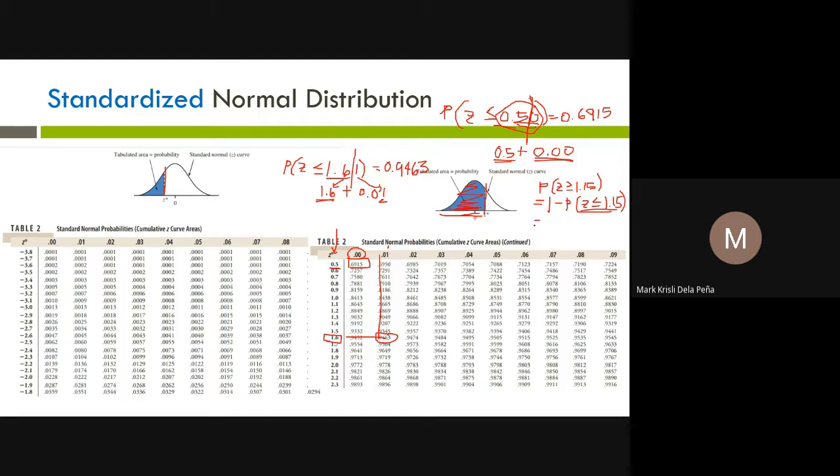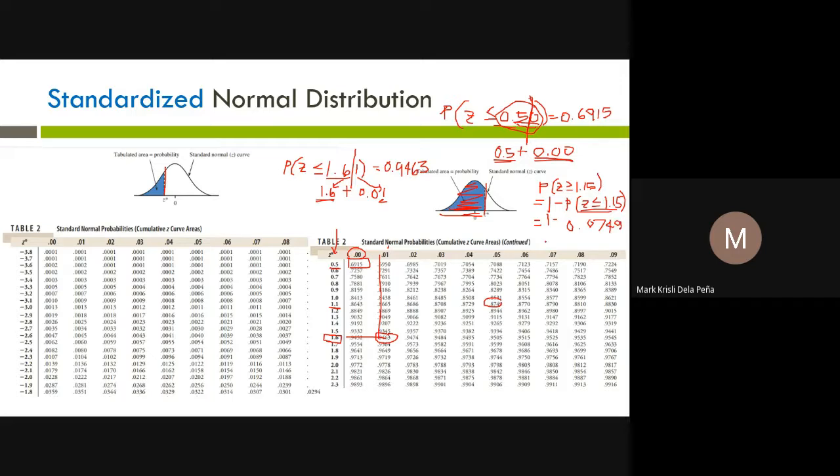Then we'll have to find the probability of z less than or equal to 1.15. So that's 1.1 and 0.05. Get the intersection. We'll have here 1 minus 0.8749.